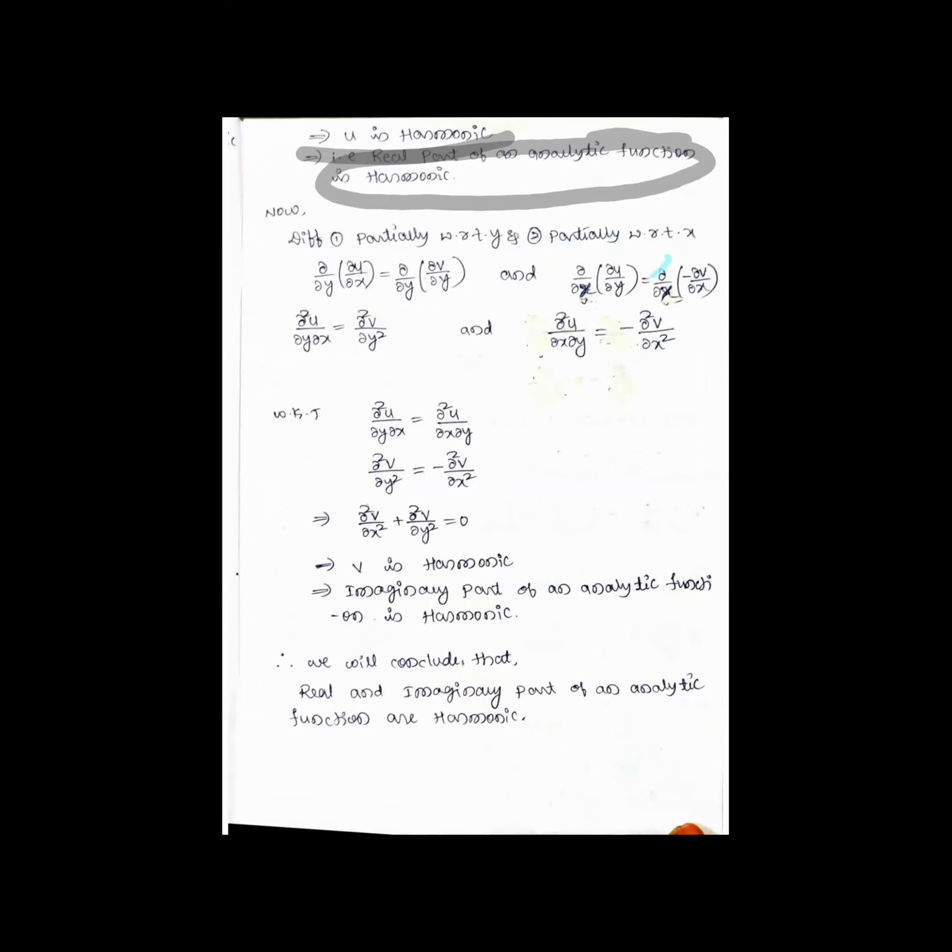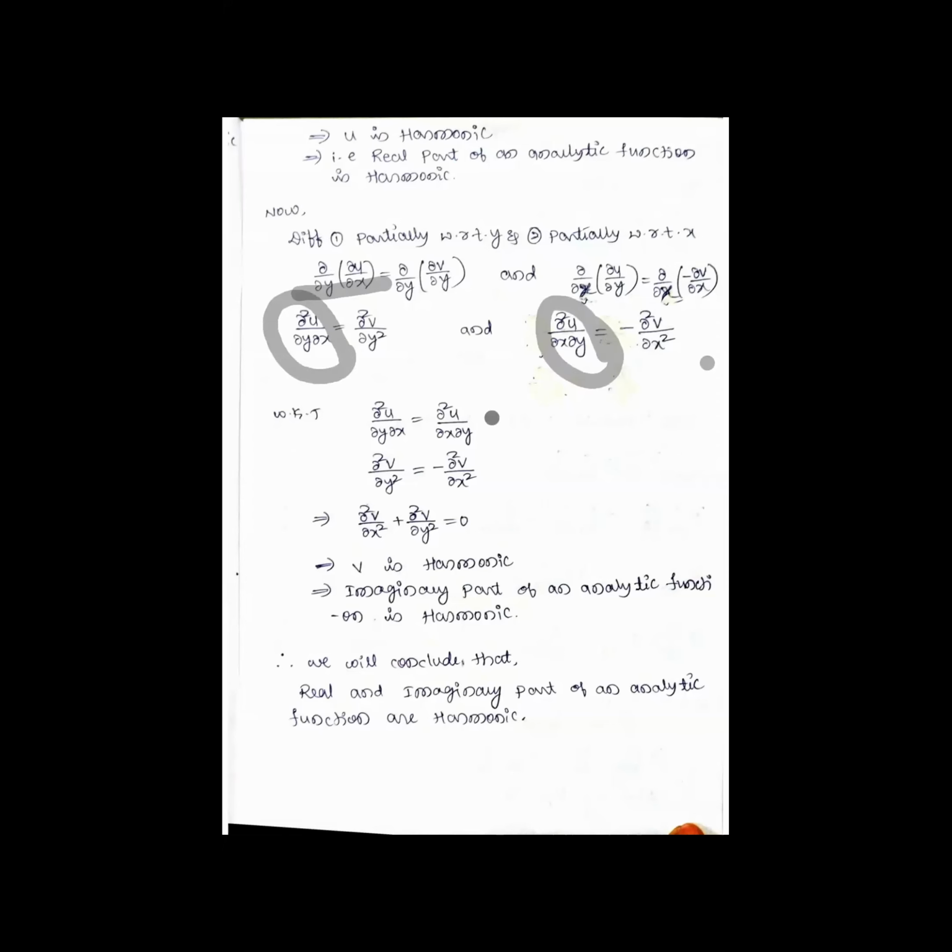Okay. So that is dou square u. See, the simplification leads to this dou square u by dou y dou x, dou square v by dou y square. So this is dou square u by dou x dou y. So minus you take out dou square v by dou x square. So always these mixed derivatives are equal. So I'll equate it. So this is nothing but dou square v by dou y square, and this is dou square v by dou x square.